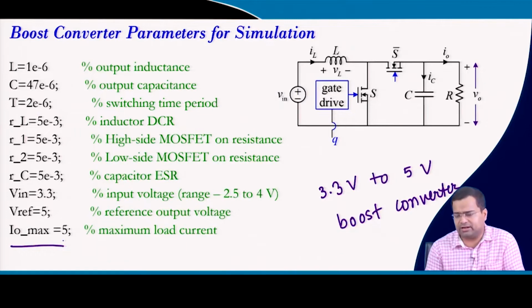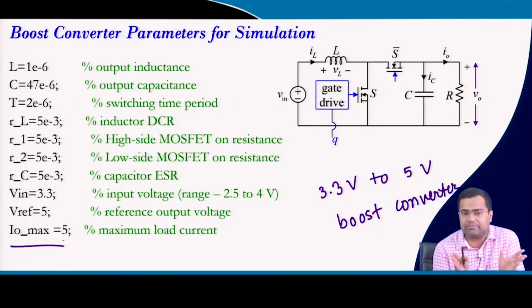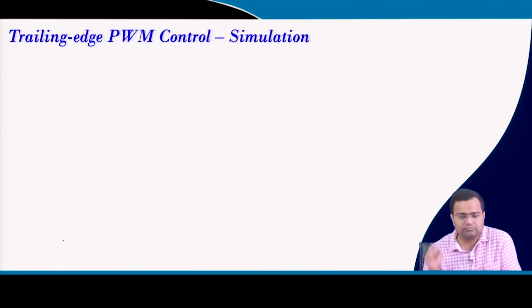In the boost converter we are talking about a synchronous boost, but you can also take a conventional boost, it does not matter. Why are we talking about a synchronous boost? Because we want to see the dynamics of the boost converter in continuous conduction mode, and we want to see the effect of the right half plane zero and so on. So, with this we will start our simulation.